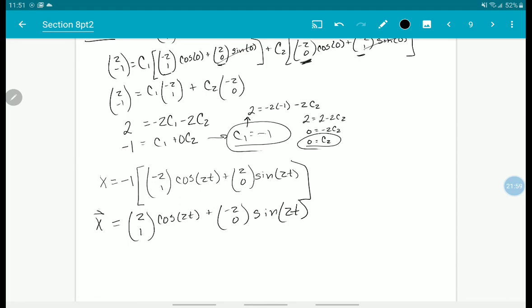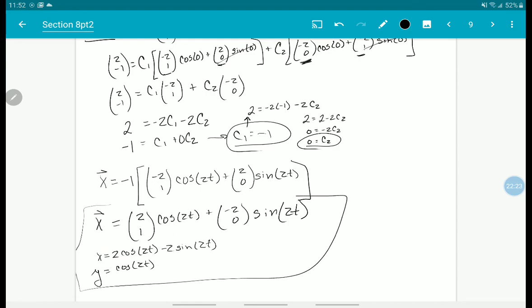So we could leave it as this. Remember, this x is really the x vector. So x is equal to 2 cosine of 2t minus 2 sine of 2t. And y is equal to cosine of 2t plus 0 sine of 2t, which would just be a 0. So we could leave the answer in either one of these. We could do this top one, or we could do the bottom one. And there's our final answer.